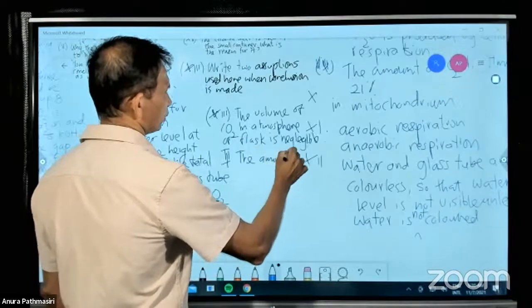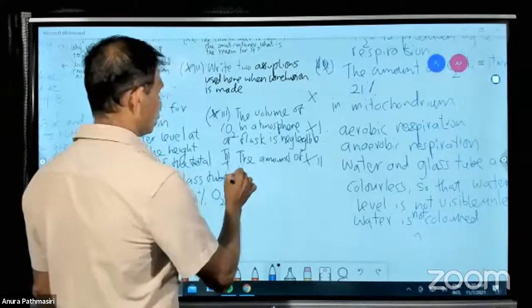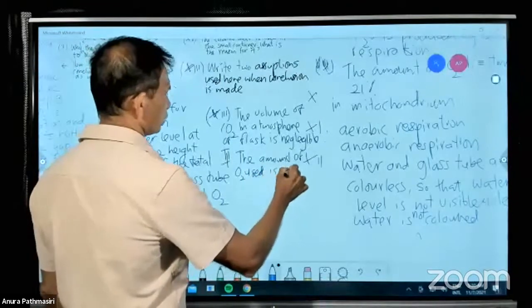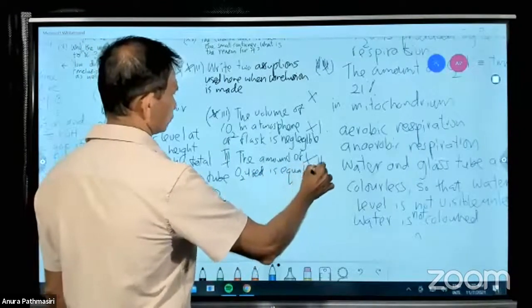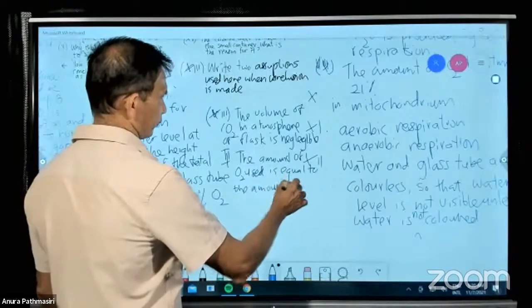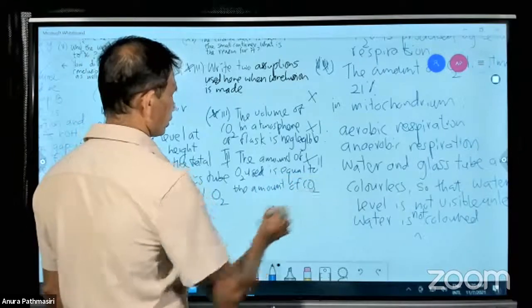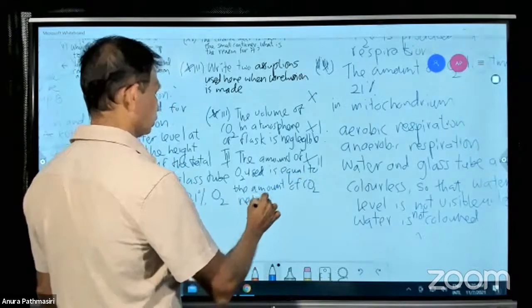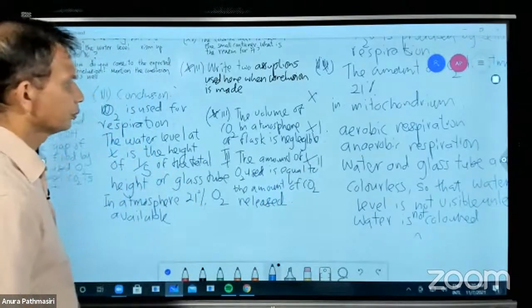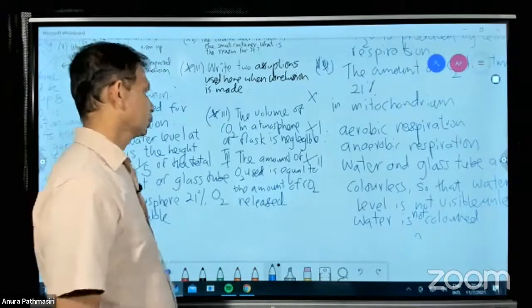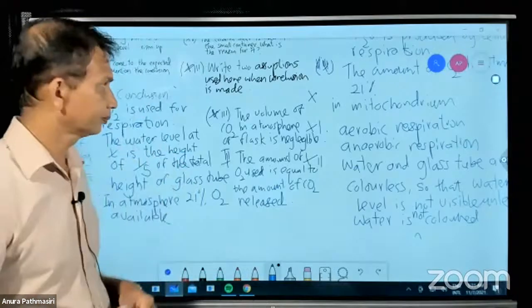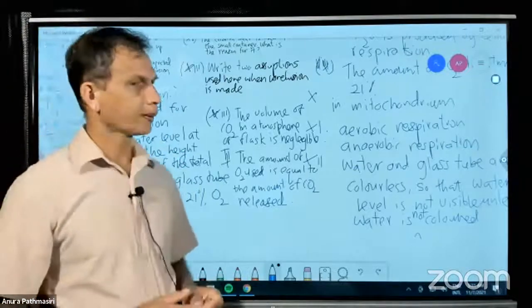The amount of oxygen used is equal to the amount of CO2 released. Right.